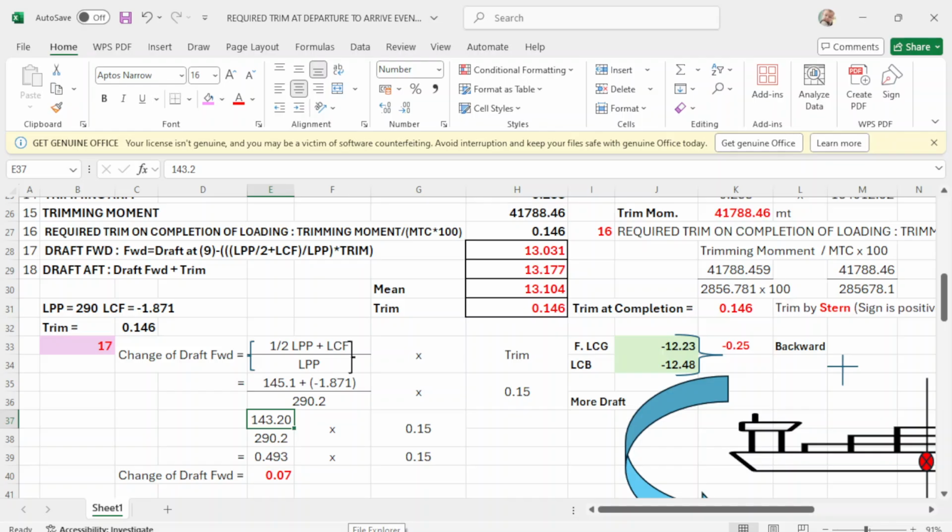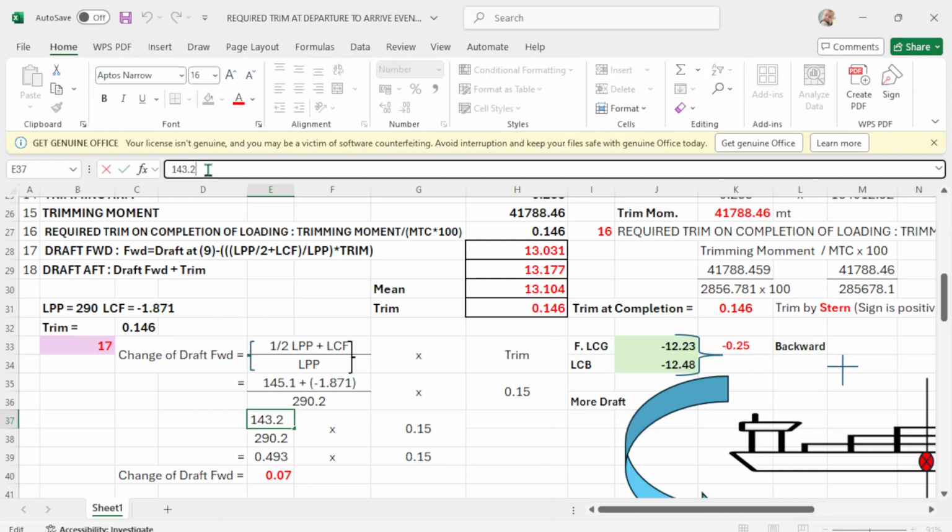So how much would that be? 145.1 plus negative 1.871 will be 143.229.